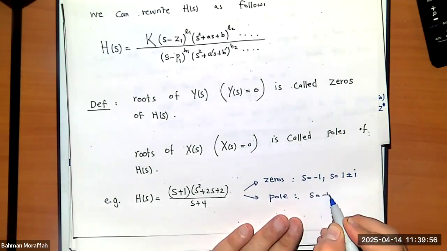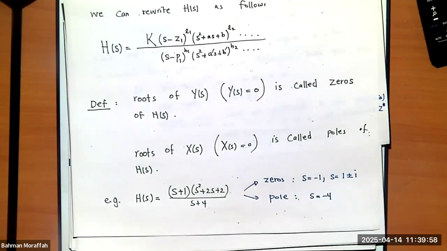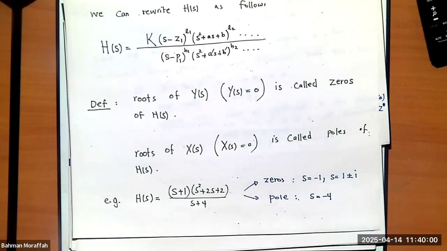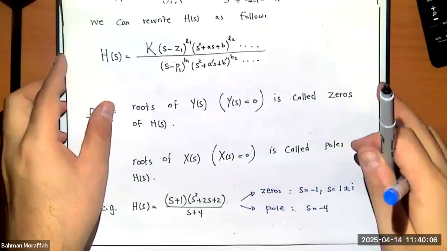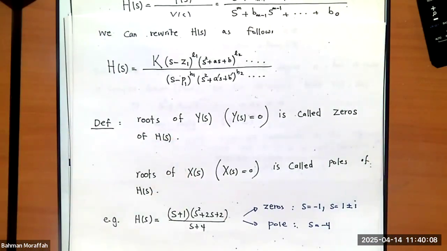So s equals negative 4. Right? So what happens? If we have this h of s, we can decompose this h of s in terms of some constant times all the zeros divided by the poles.